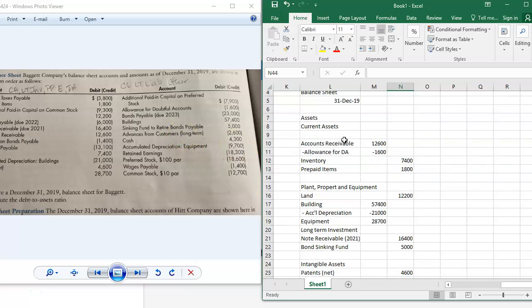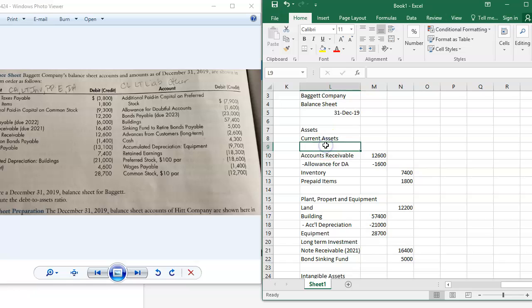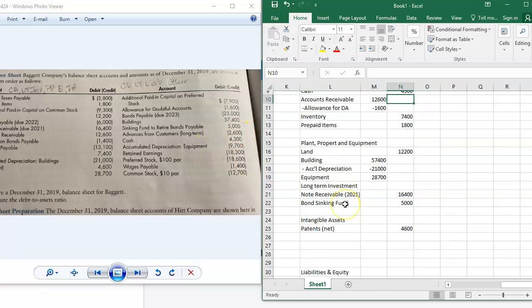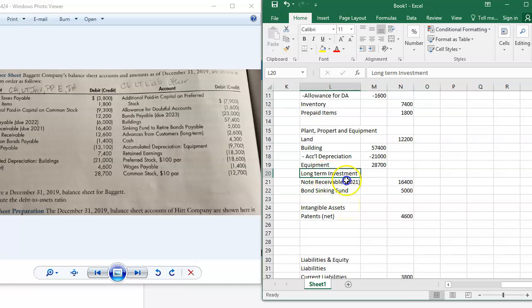All right, cash. It's going to be up here at the top of the current assets. 4,300. Accumulated depreciation equipment. This one. $700.